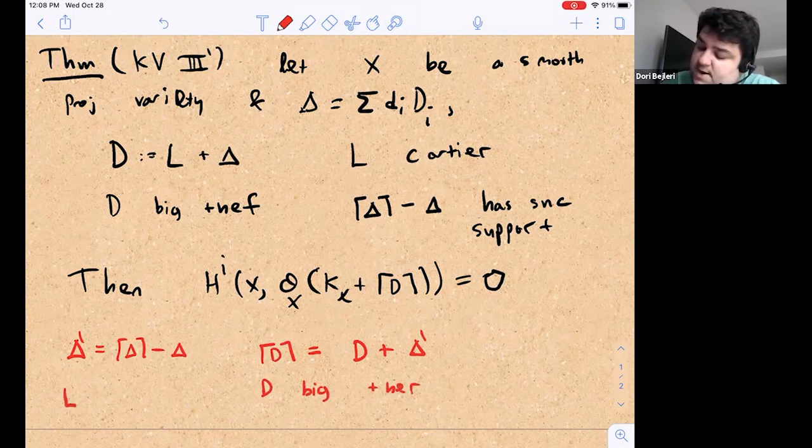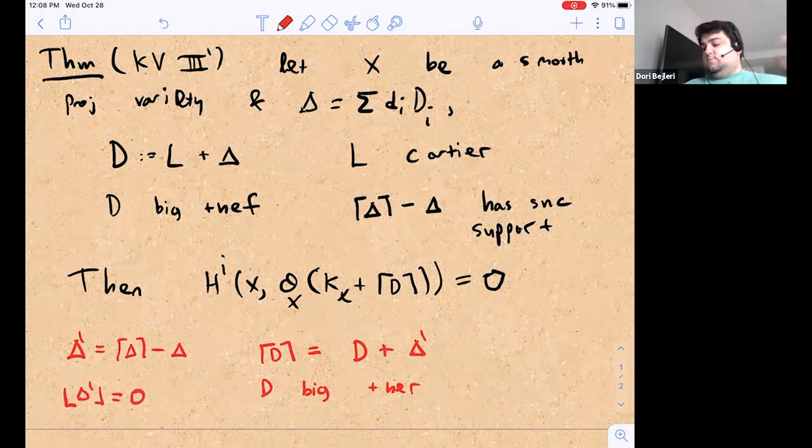And of course, the round down of delta prime is 0 because we're rounding up and then subtracting. So we get something that's strictly smaller than 1 for all the coefficients of delta prime.